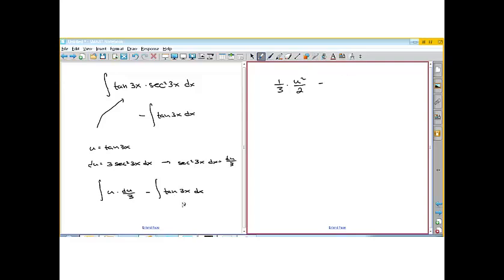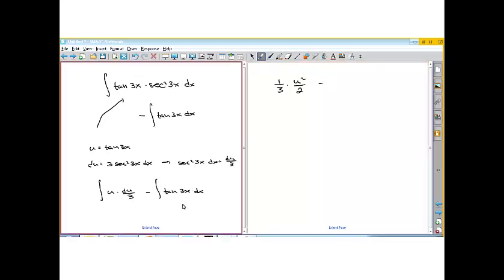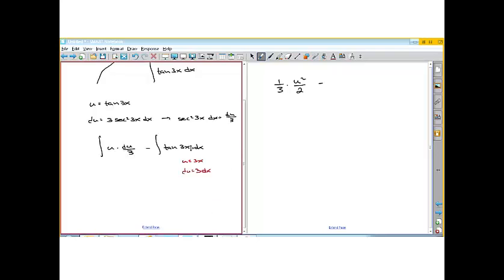So we could use u substitution again, except in this case, the second part, let's use a different color. The u in the second case would be 3x, du would be equal to 3 dx. So therefore dx is equal to du over 3. Let's use w instead, since we're already using u.